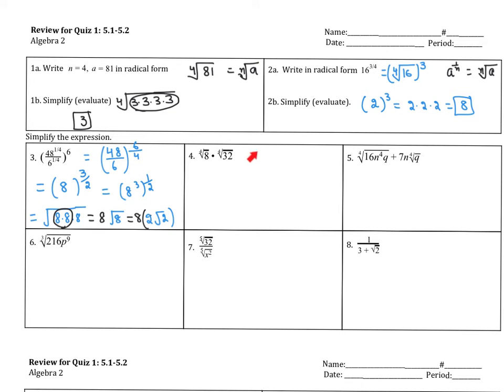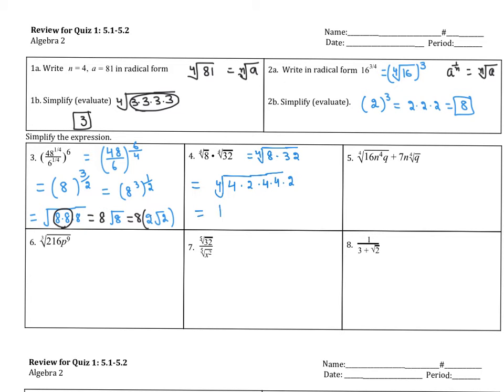Now we are going to combine the fourth root of 8 times 32. You can break 8 as 4 times 2, and 32 you can break as 4 times 4 times 2.